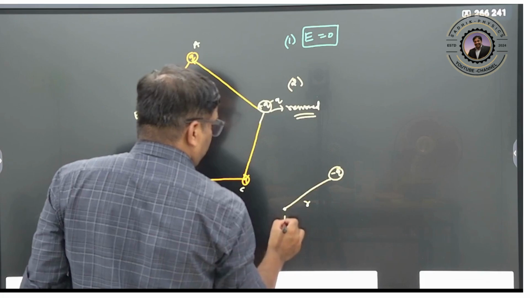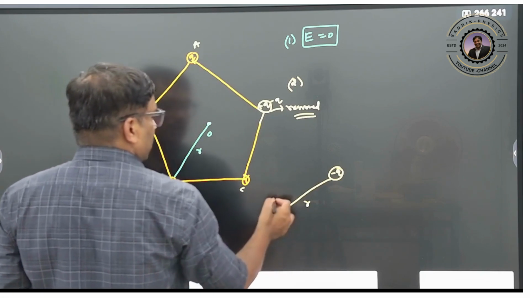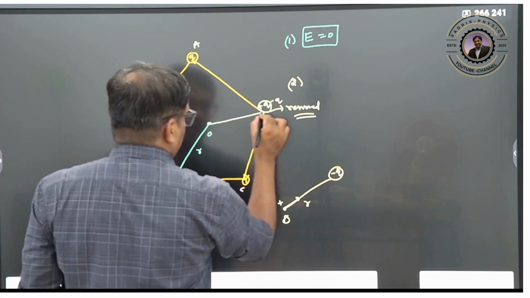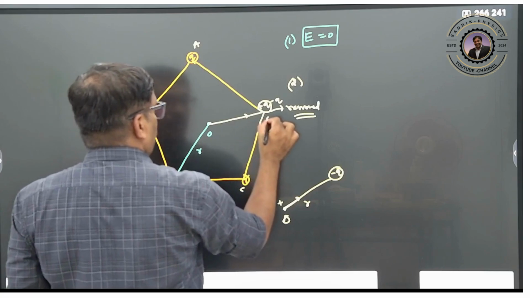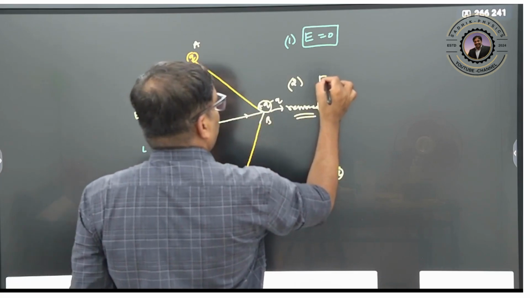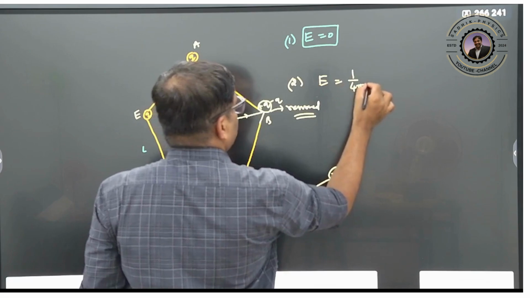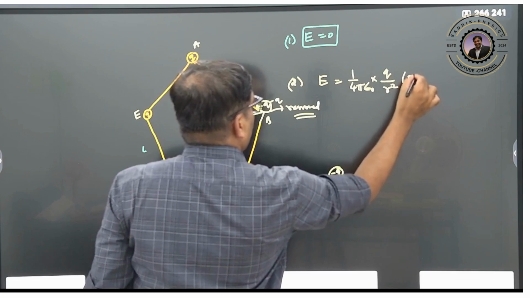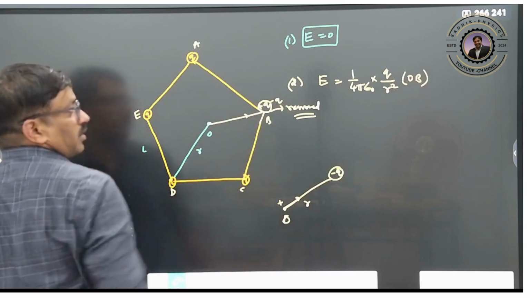The electric field at this point will be in the direction of O to B. So the electric field is 1 by 4 pi epsilon naught into Q by R square, along OB.